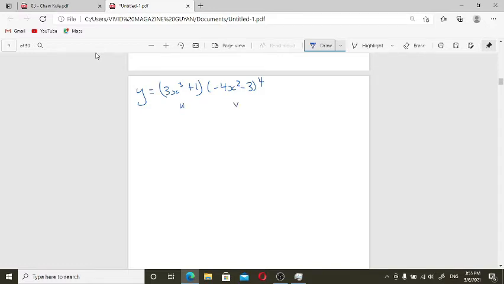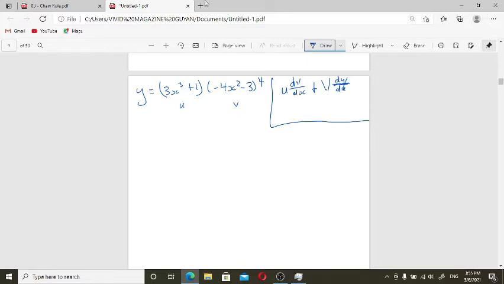So we know, or you should know, to work out this here, it is u dv upon dx plus v du upon dx.